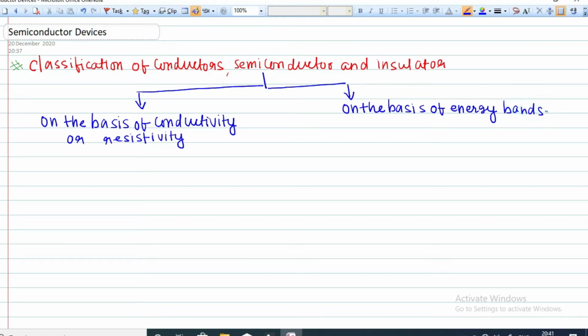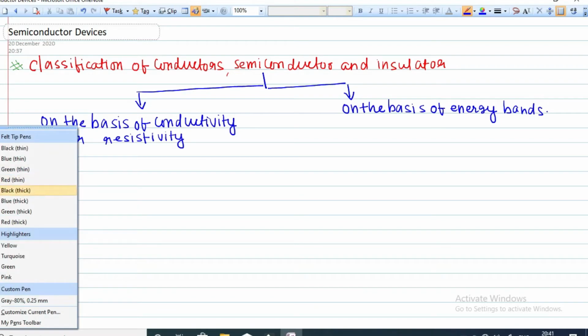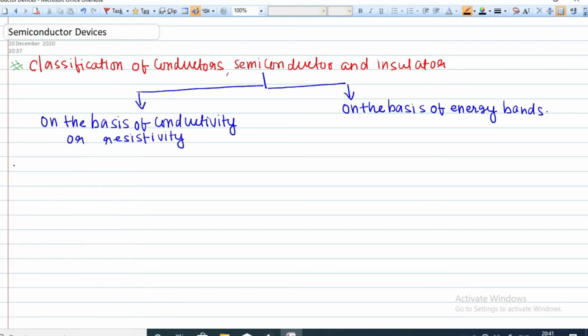So first we are going to see the classification of conductor, semiconductor and insulator on the basis of conductivity, or we can say resistivity.